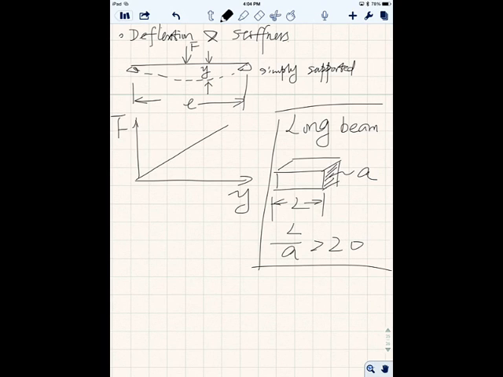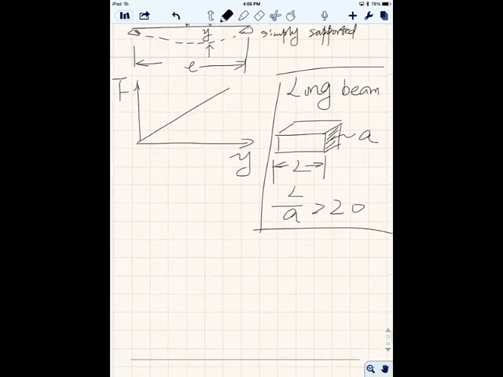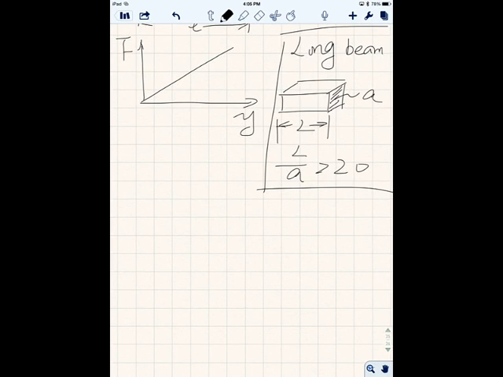Now, that tells you when you have a long beam, you have a linear relationship between the force applied in the center and the displacement, okay? All right. Now, since we mentioned long beams, of course we have short beams, right? So when the beam is short, still do the same thing. Force applied to the center.